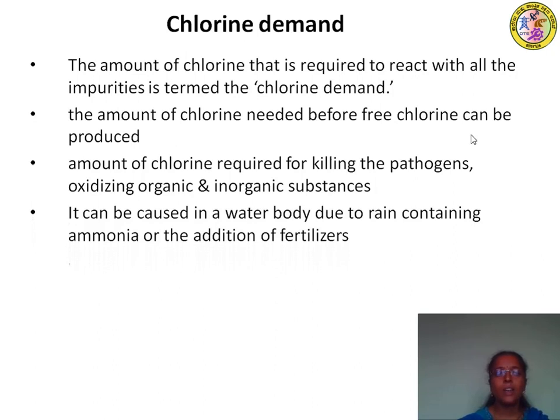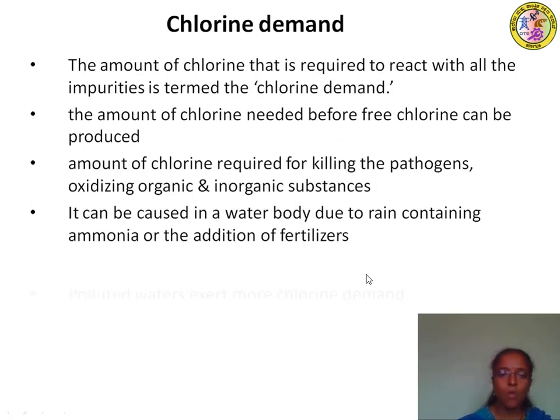Why does chlorine demand appear? It is caused when a water body, due to rain, contains ammonia, or due to the addition of fertilizers to a water source. When the water source is infected by water containing fertilizers, it demands chlorine. So that is the meaning of chlorine demand.